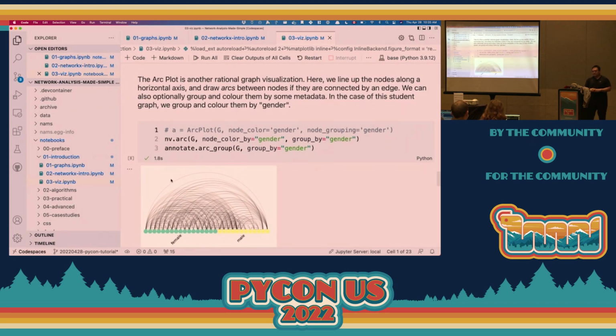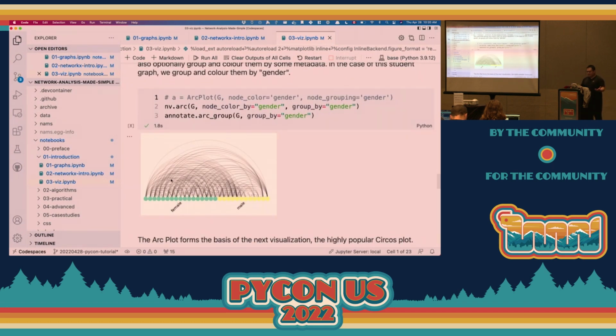So here's an alternative visualization. It's called the arc plot. The way the arc plot is drawn is you group and order your nodes on the x-axis over here, and all you do is draw circular arcs between anything that is connected. That is one possible thing that you could draw.